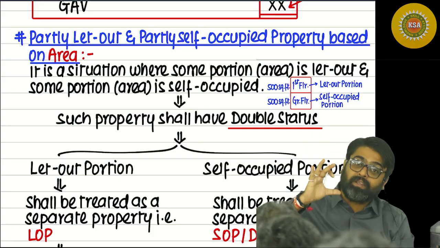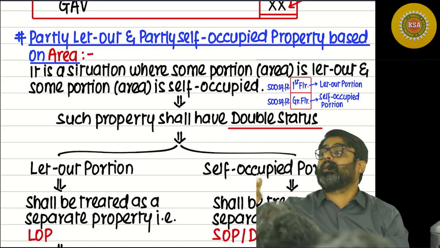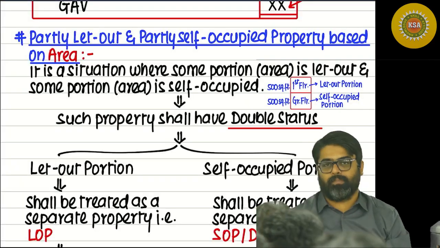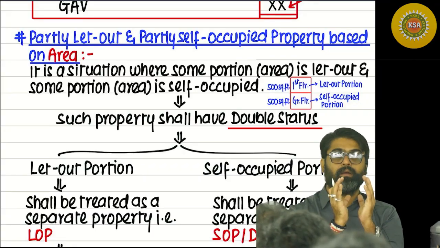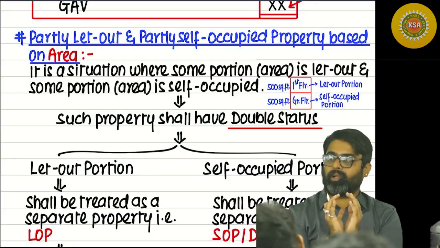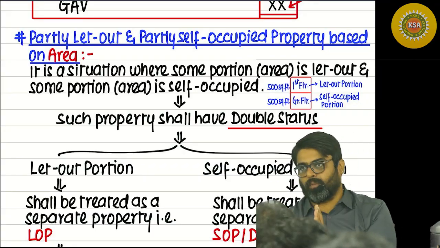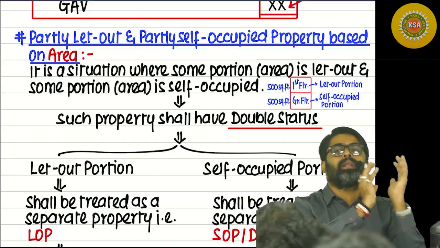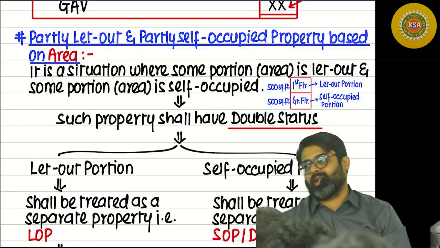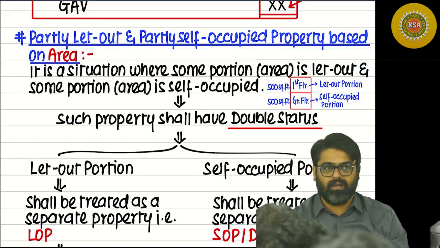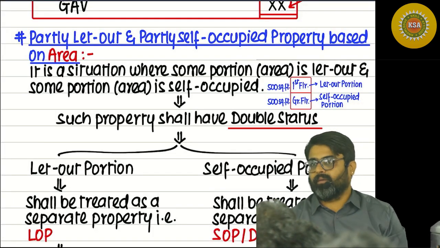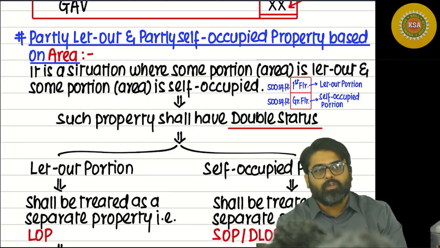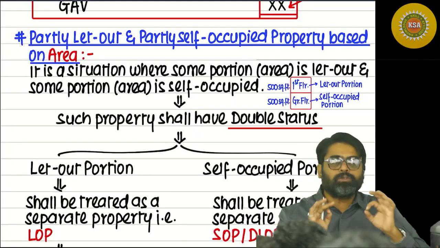The part which is let out will be treated as a separate property. Yes or no? Even if it is one property only. But since one property entirely is not self-occupied, one property entirely is not let out, practically it will become difficult and it will not look good if the entire annual value is taxed or the entire annual value is exempt. Yes or no? So what is to be done here? What is the most logical thing to do?